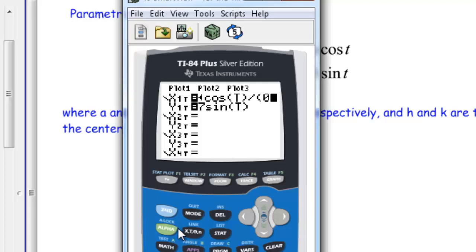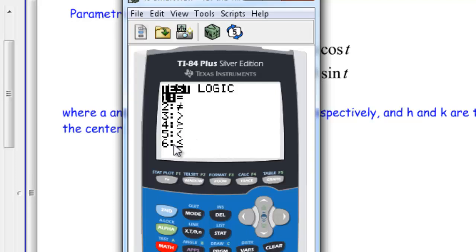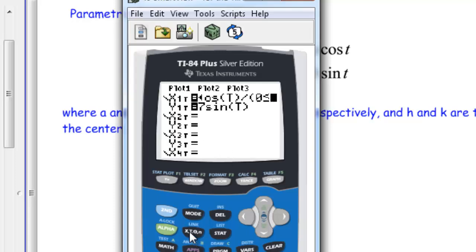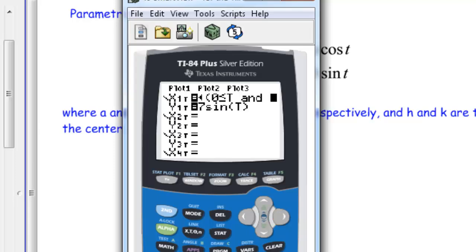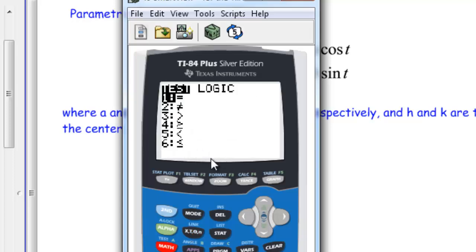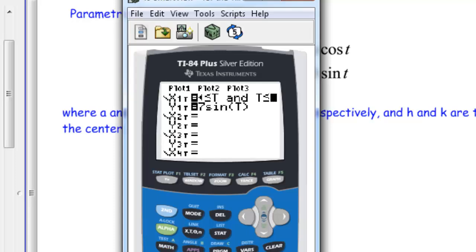So 0, second test, less than or equal to, option 6, t, then second test logic and, t, second test, less than or equal to, option 6 again, 180 degrees.